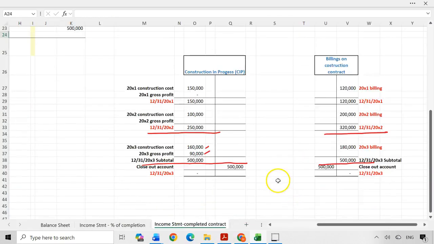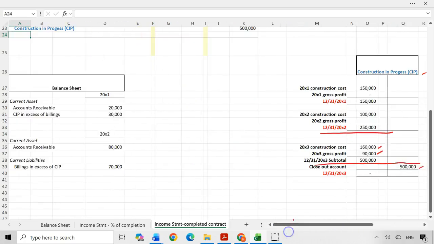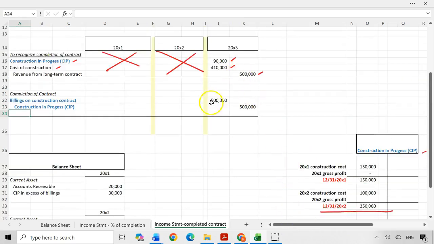And then we have the same entry as the percentage of completion method to close out these accounts. We're going to credit the construction in progress for $500,000 and debit billings on construction for $500,000. And that's going to be this entry right here. So you can see that the completed contract is a lot simpler, which is why I went over it at the end.